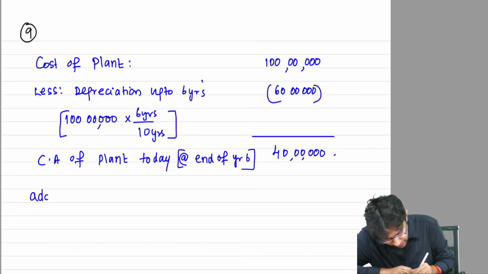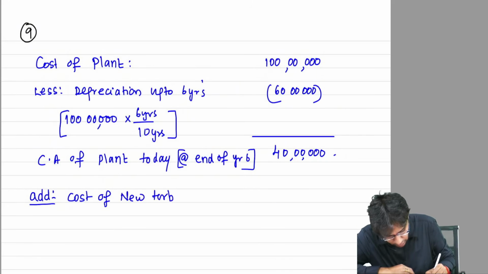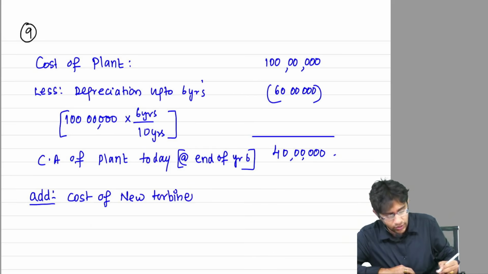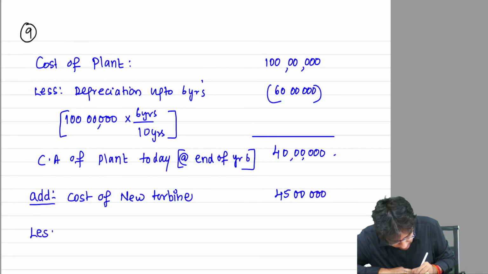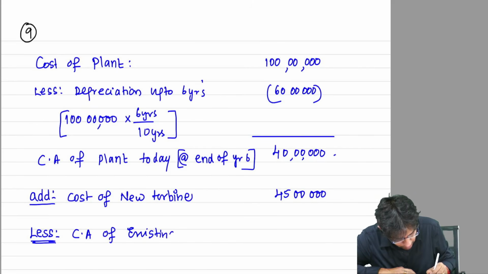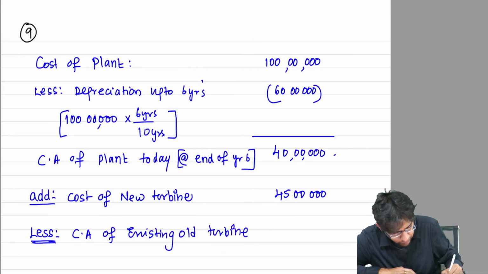To this add the cost of the new turbine. What is the cost of the new turbine? 45 lakhs, minus, you have to de-recognize the carrying amount of the existing old turbine that you have to remove.